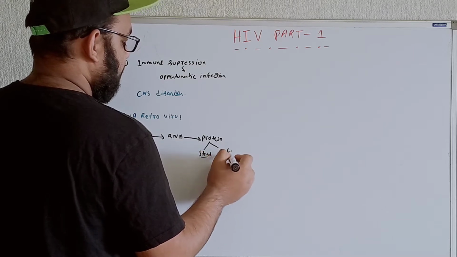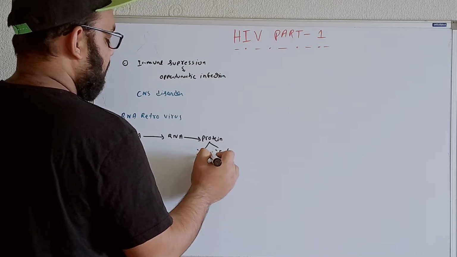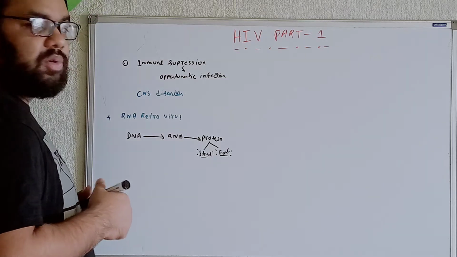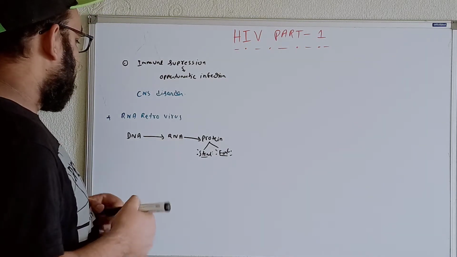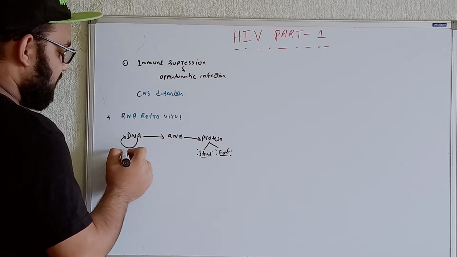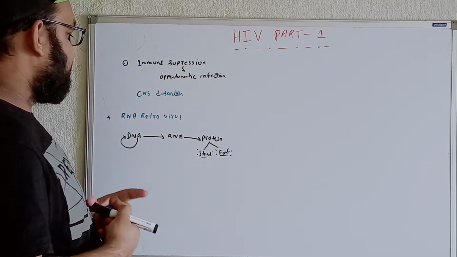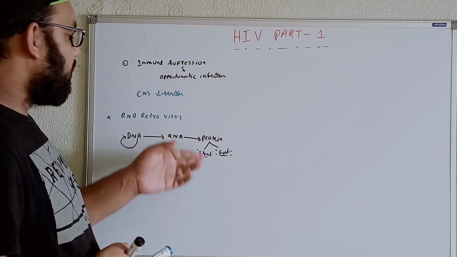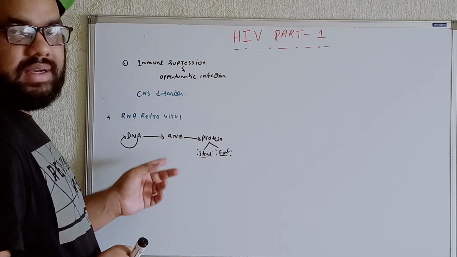The structural will develop the structures, and functional in terms of the different kinds of enzymes and regulatory proteins. Okay, all these things we'll get. And here we'll also get DNA to DNA. That's auto replication. These are transcriptions. These are translations. Right?